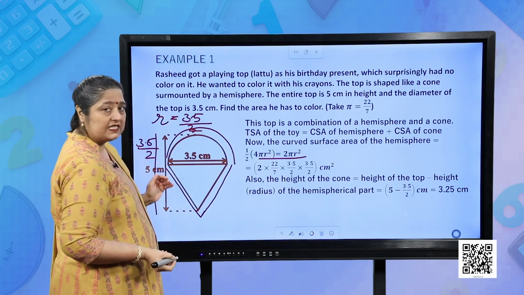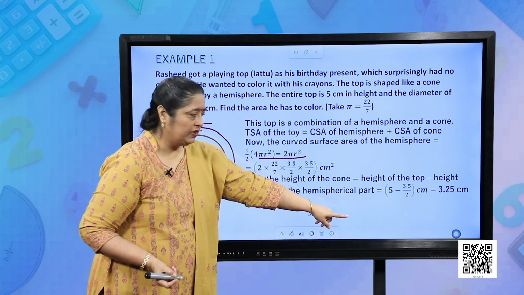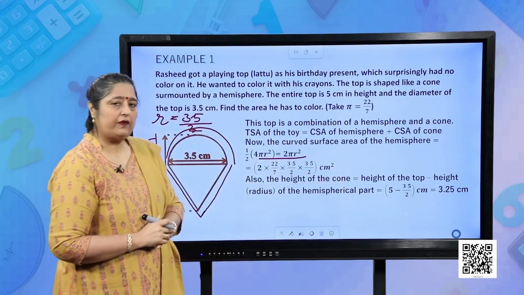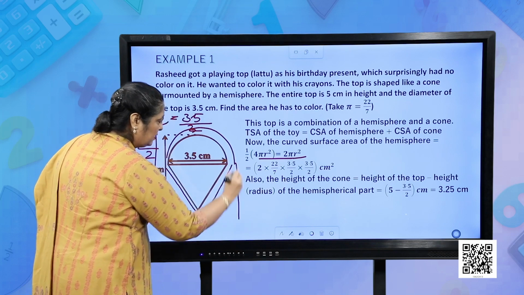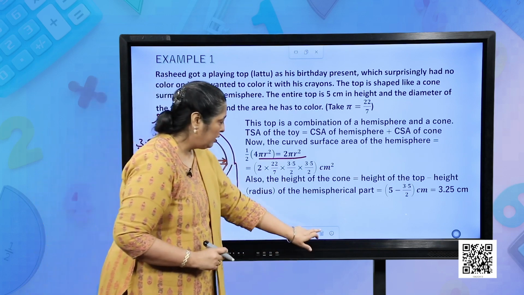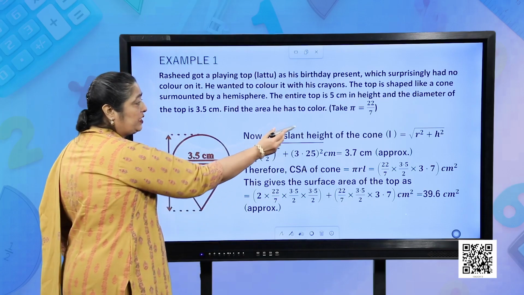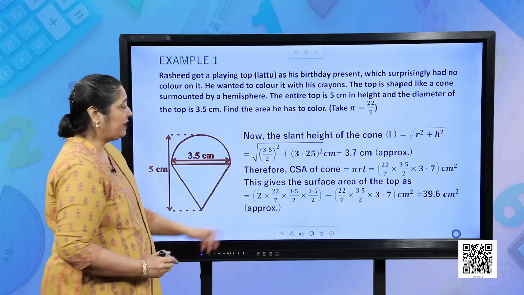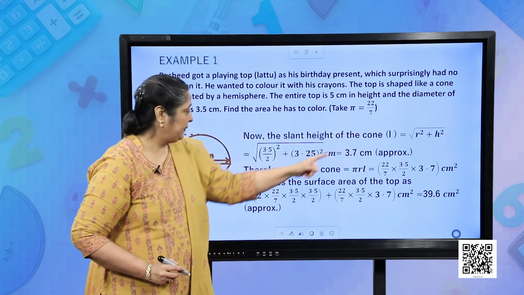So, what we have to do is 5 centimeter minus 3.5 upon 2 and we get 3.25 centimeter as the height of the cone. So, the slant height of the cone given by L is under root of r square plus h square. We know the values of r and h. Substituting the value of r and h, what we have is 3.7 centimeter as the slant height L.